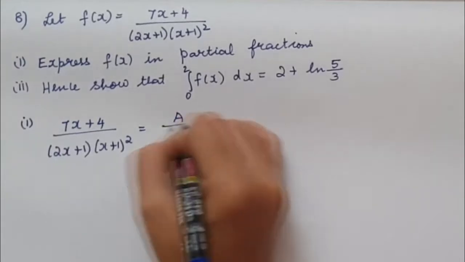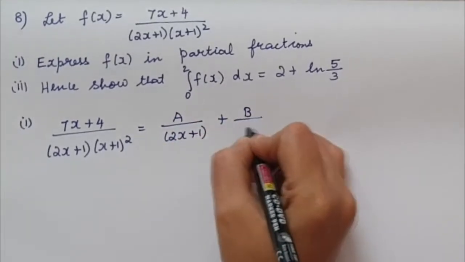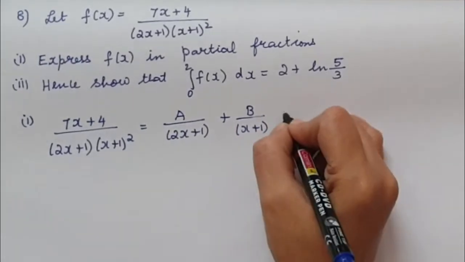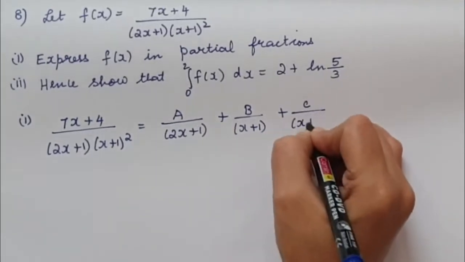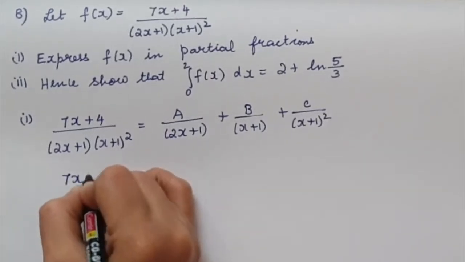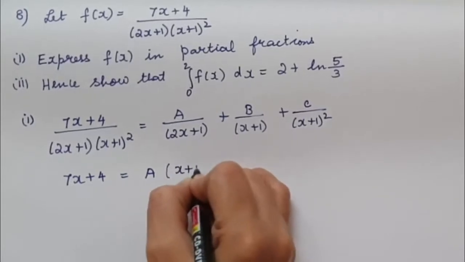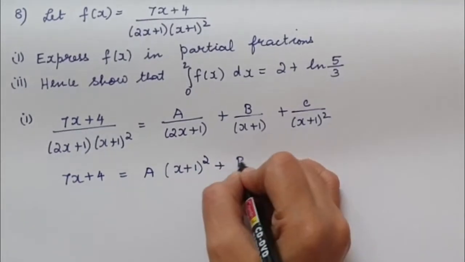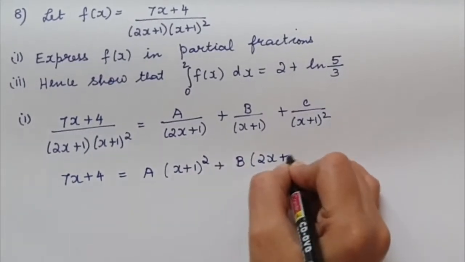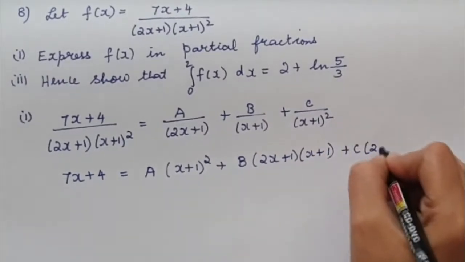So it will be a over 2x plus 1 plus b over x plus 1 plus c over x plus 1 the whole square.